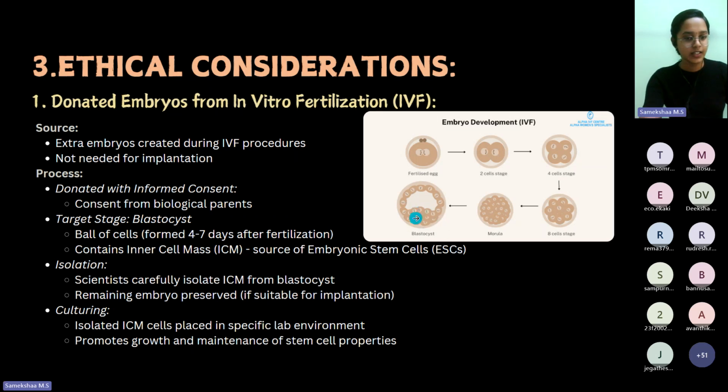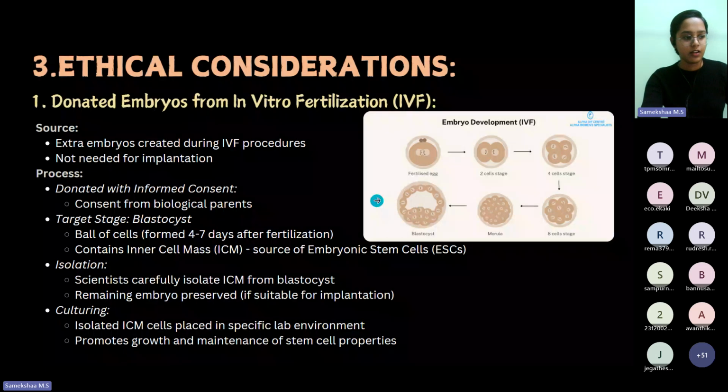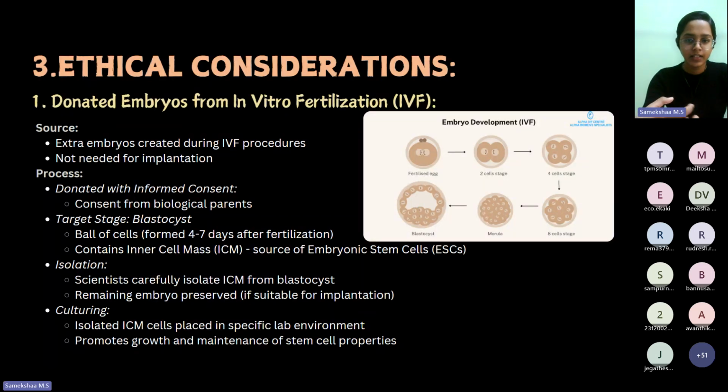This is nothing but the inner cell mass. Now, scientists carefully isolate the ICM from the blastocyst, and then these isolated ICM cells are then cultured in specific laboratory environment to grow and maintain their stem cell properties. So this is the first method to obtain ESCs.